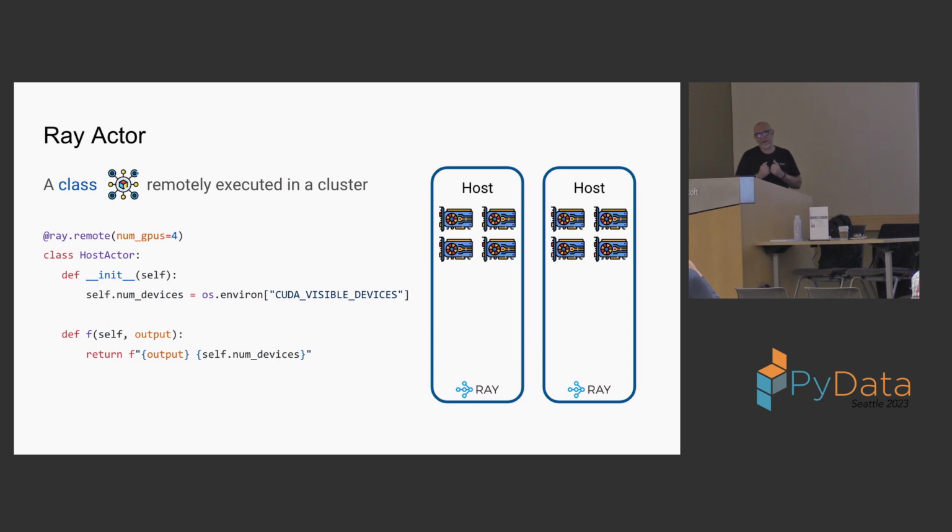And then when I get that list, the Raylet will schedule that actor on that particular host. So all these things are happening behind the scenes. We really don't have to worry about it, but I just wanted to give you an intuition of what happens under the hood.